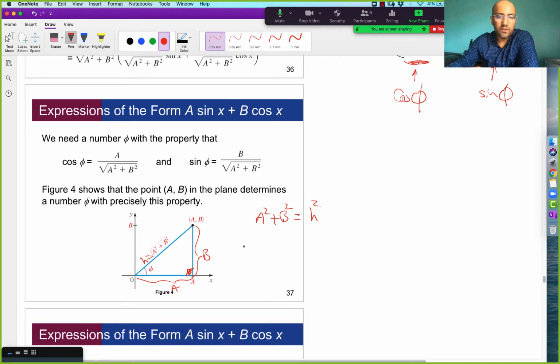So you take the square root of both sides, and it's positive, so we ignore the minus. Good. And here we have something such that cosine of this angle is a over this, and sine of this angle is b over this, right? So it fits this pattern and this pattern.